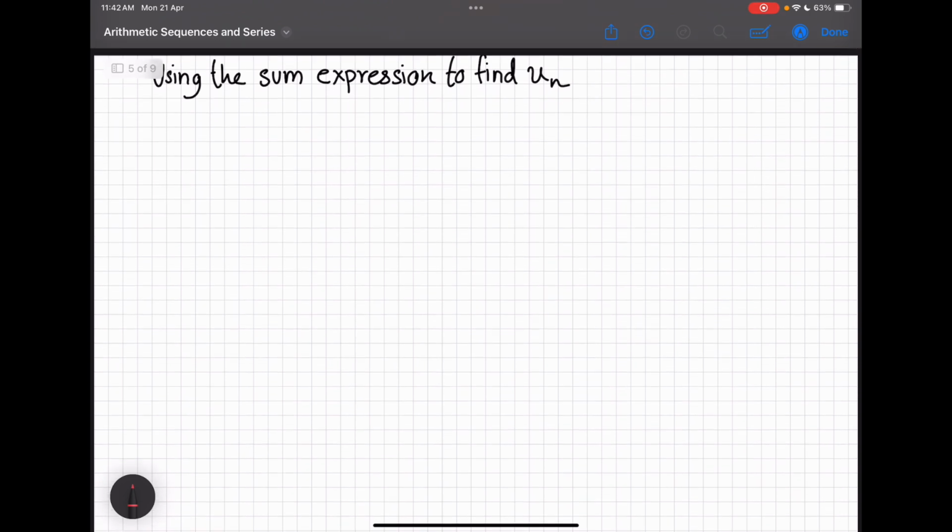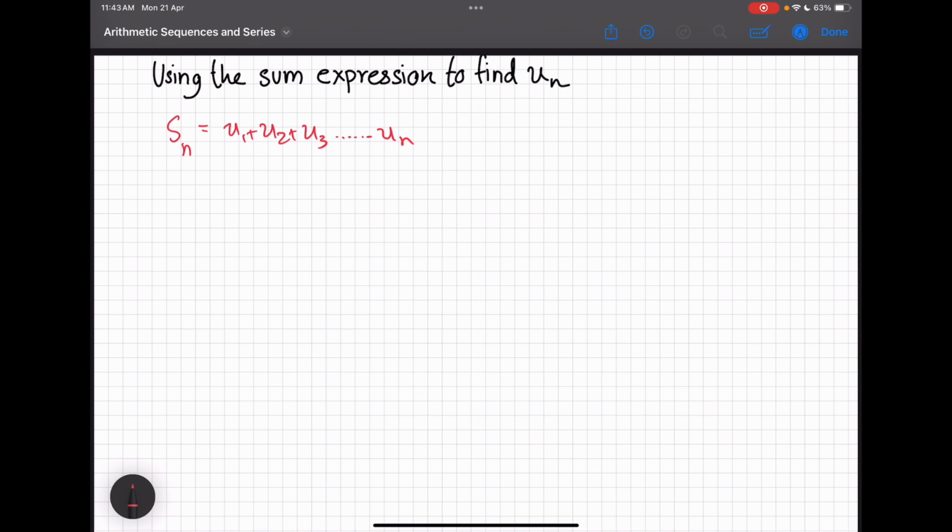Sometimes in some questions you might just be given the sum expression and they might ask you to find the arithmetic series un. So let me explain how that works. So the sum of n terms we know is the sum of u1 plus u2 plus u3 all the way up till we get to un.